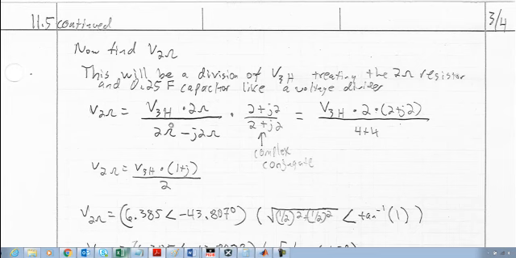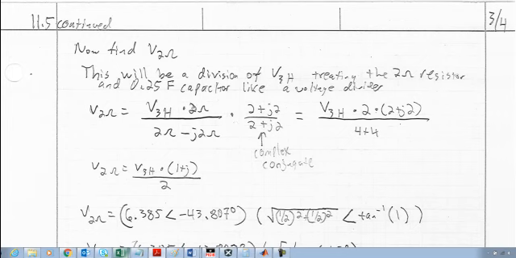And so we can take this and just multiply by effectively 1, which is going to be the complex conjugate of the denominator divided by the complex conjugate of the denominator. The reason we want to do that is to get rid of our imaginary portion here. When you multiply this through, what do you get in the denominator? 4 plus 4, simply 8.